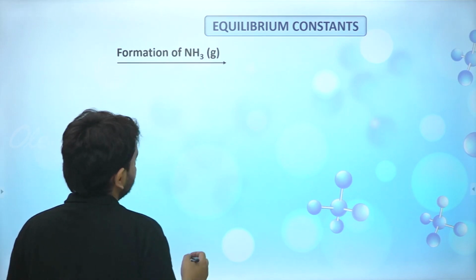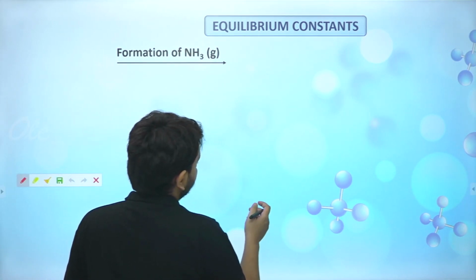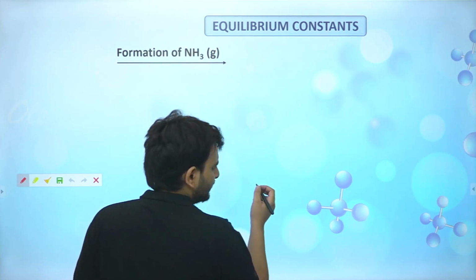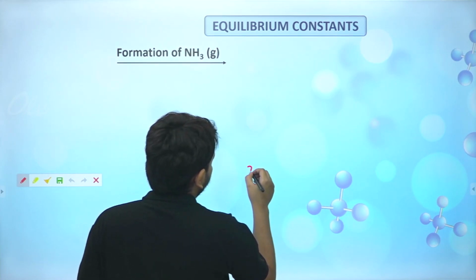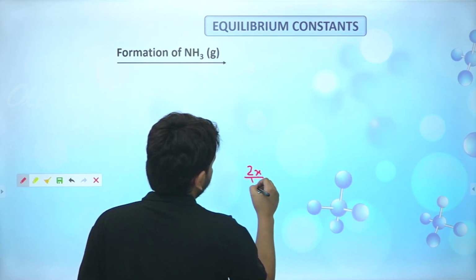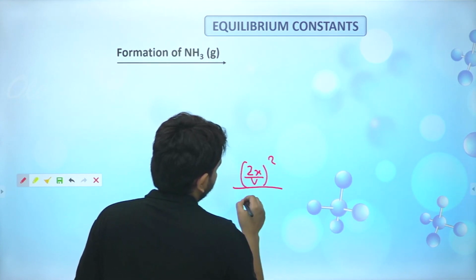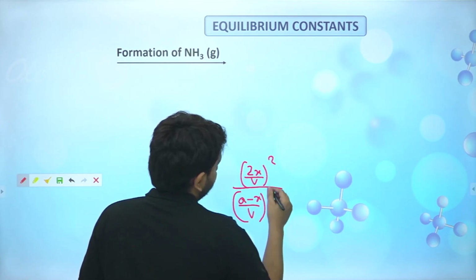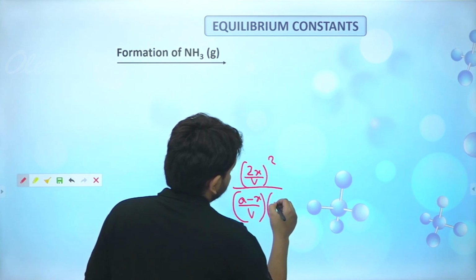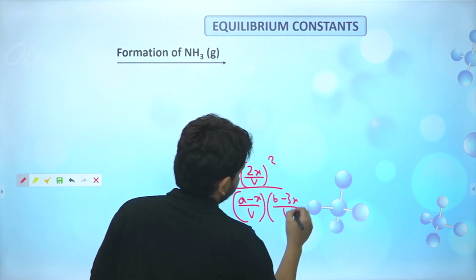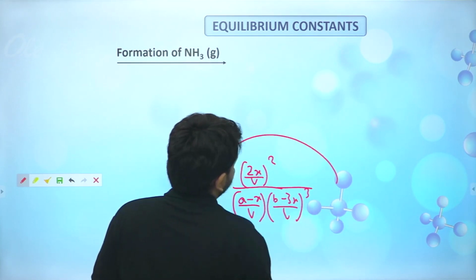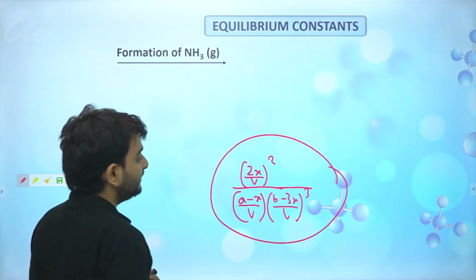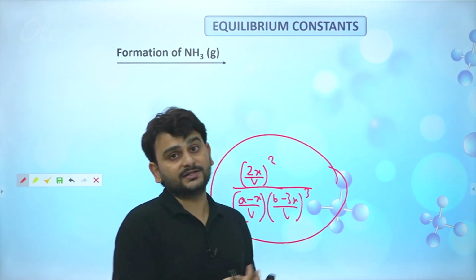It was at equilibrium, the number of moles and the total volume at equilibrium we were taking, and it came out to be 2x by V whole squared, and A minus x by V, into B minus 3x by V raised to the power 3. So the methodology that we adopted over here should be very clear. This is the basic process that we do.